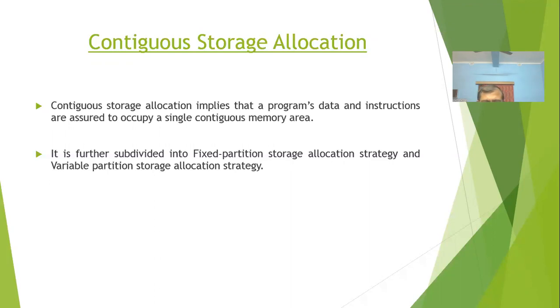So in today's session, we will not be focusing on non-contiguous storage allocation, but we will focus our discussion on various concepts related to the contiguous storage allocation mechanism that we employ in case of memory management.